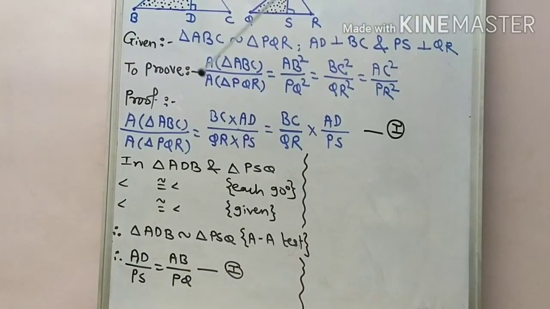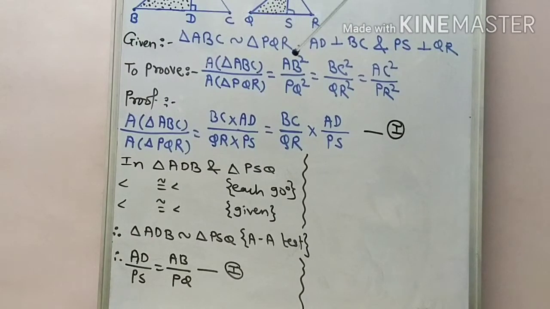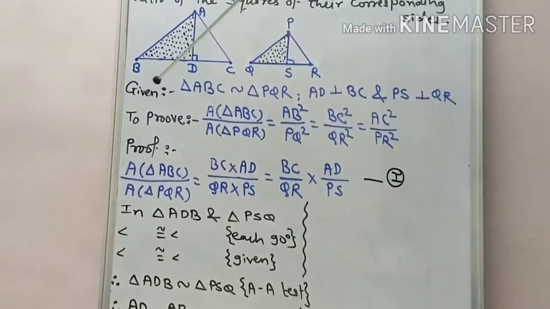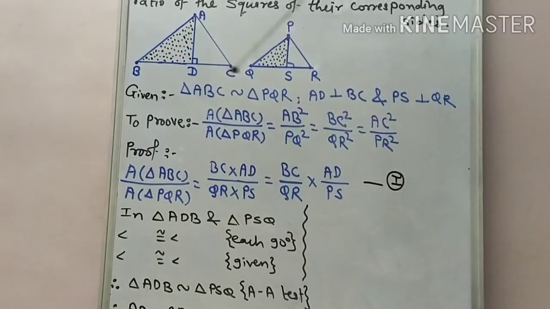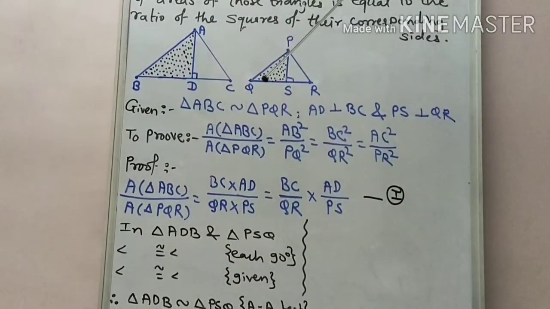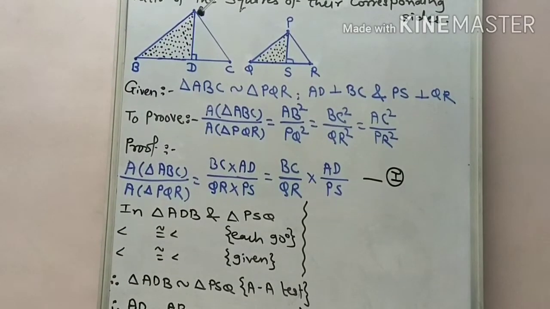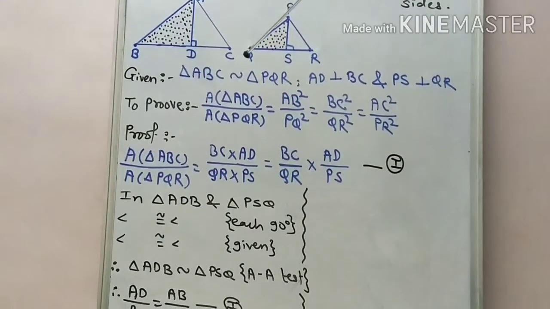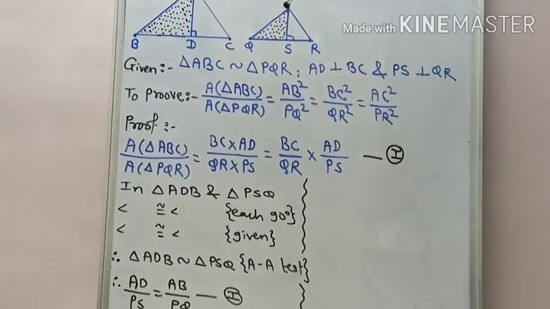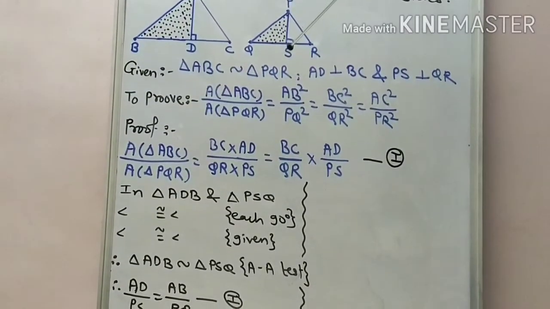Also, we are given that triangle ABC is similar to triangle PQR, and if two triangles are similar, corresponding angles are congruent. So angle B is congruent to angle Q. In triangle ADB we read B as angle ABD, and similarly for Q we read it as angle PQS.